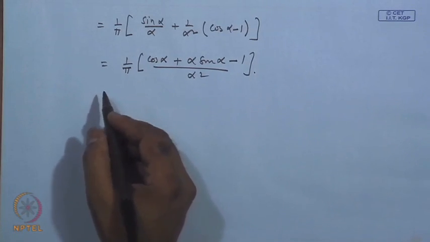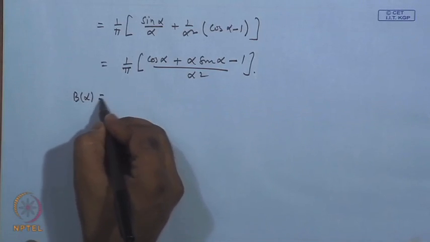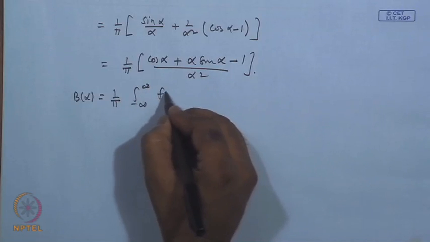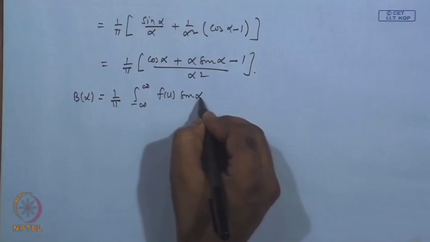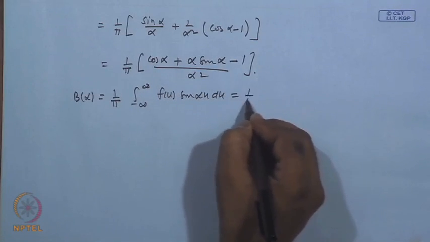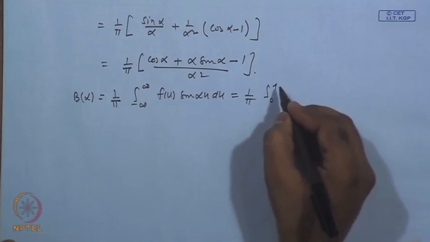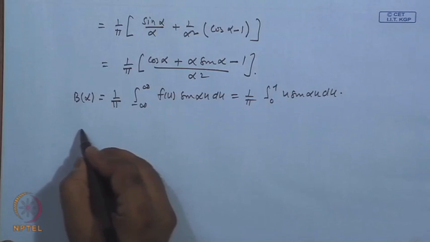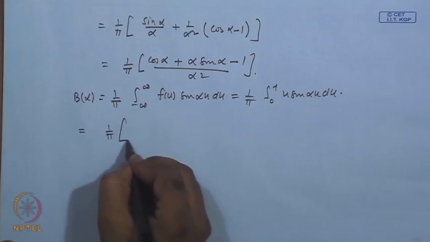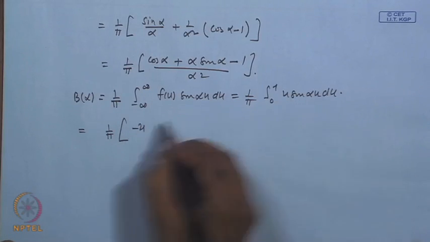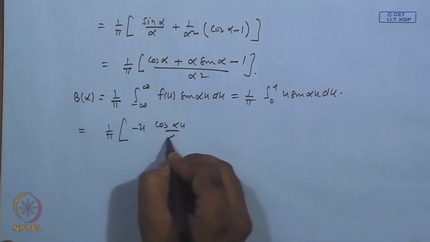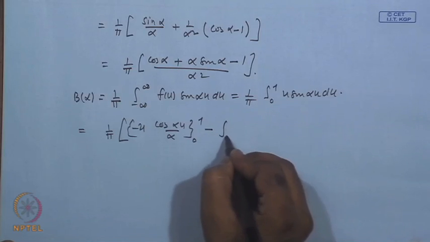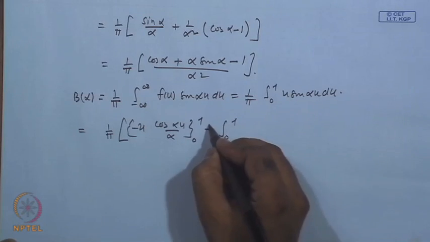Similarly, we calculate B(α), that is 1 over π, integral from minus infinity to plus infinity of f(u) sin αu du, which is 1 over π, integral from 0 to 1 of u sin αu du. Again we integrate by parts. We have u times minus cos αu over α, with limits 0 to 1, minus the integral from 0 to 1, and this minus minus will be plus.